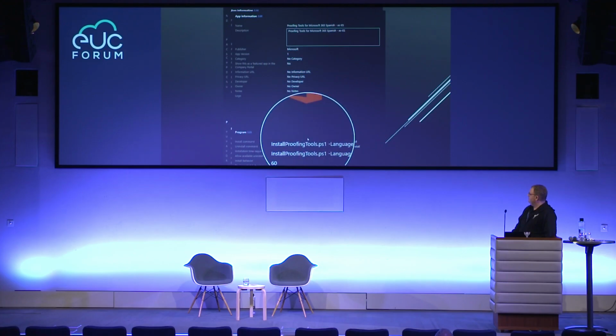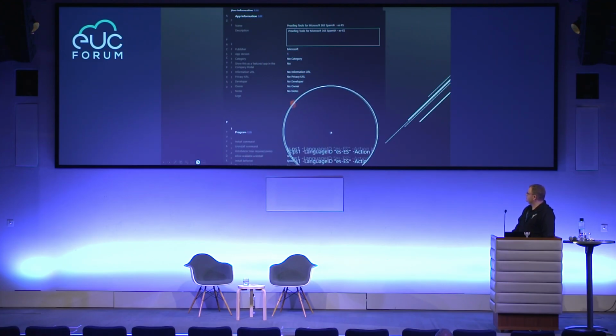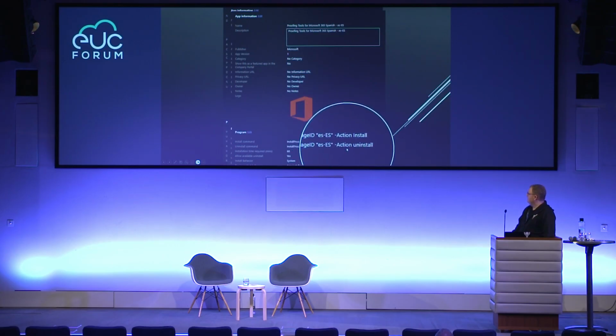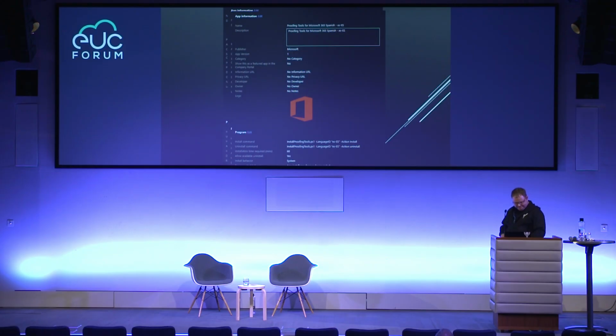Then we have a PowerShell script here, which is basically also installing an application and uninstalling an application. And seeing that it provides parameters, I would guess that this is a custom PowerShell script that someone made up, where I can use parameters like install and uninstall to determine what I'm going to do.